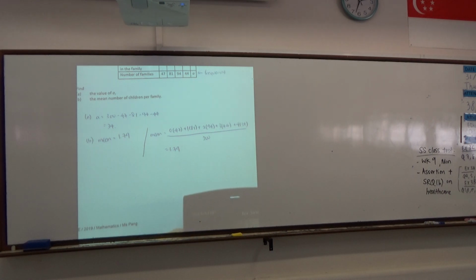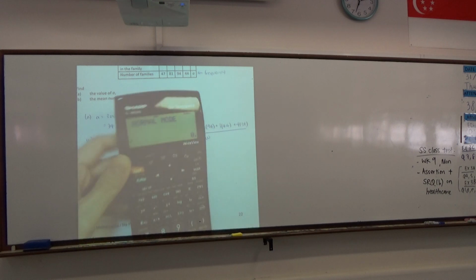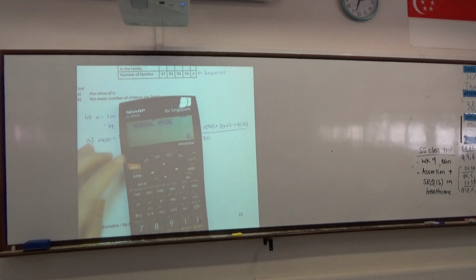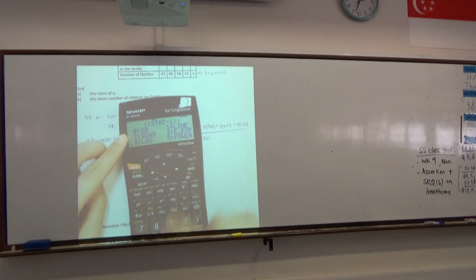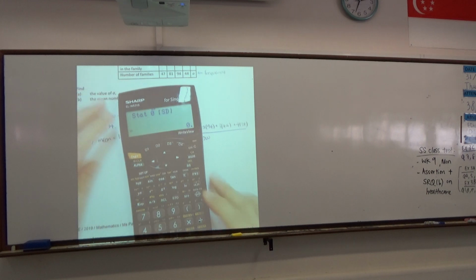Then for the Sharp calculator, let me reset my calculator first. You will go to mode 1 stat, go to 0 SD. Then you will key in the data.